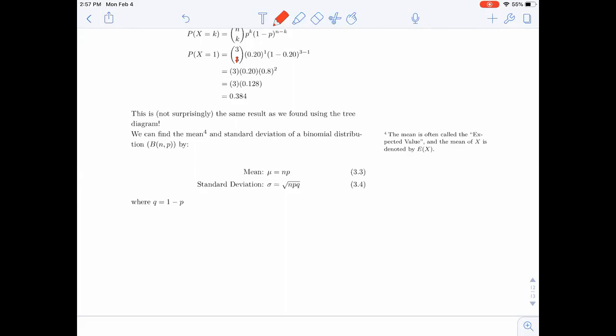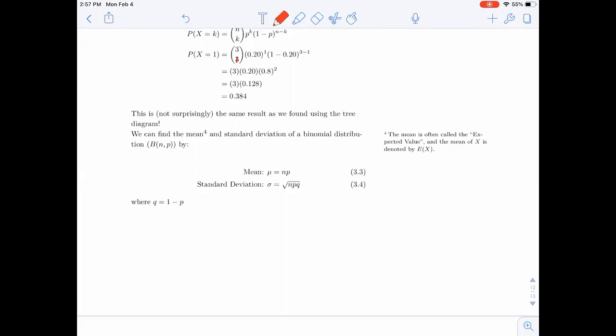On your formula sheet, I think I have the mean and the standard deviation of B and then in brackets N, P, right? Binomial, N trials, P probability of success.